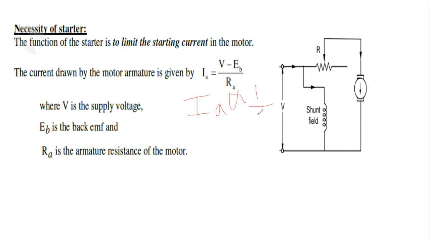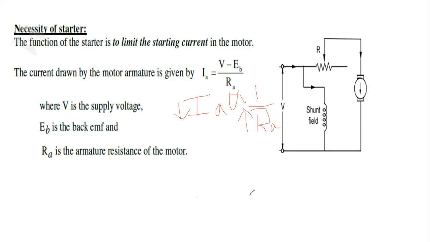That means when we increase the resistance, the current flowing through the armature decreases. Due to the decrease in current, the motor runs slowly in the starting case. That is the main reason for using the starter.